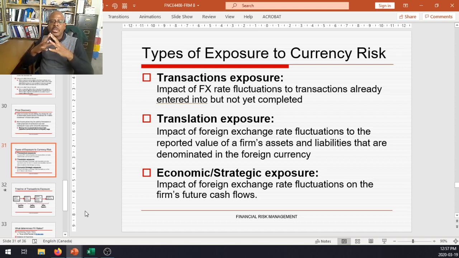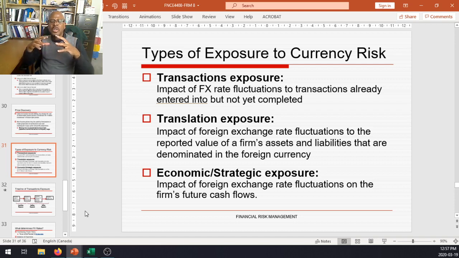Translation exposure is essentially the impact that changing foreign exchange rates will have on the consolidated financial statements of a multinational corporation. And the last one is the economic or strategic exposure, or what's sometimes called the operating exposure. And this essentially is more difficult to assess, but is actually more important than the other two. And this is when foreign exchange rates change, how does that change the competitive position of the firm?